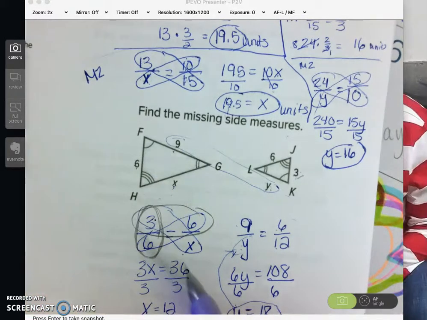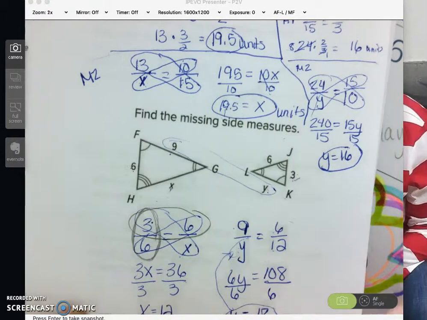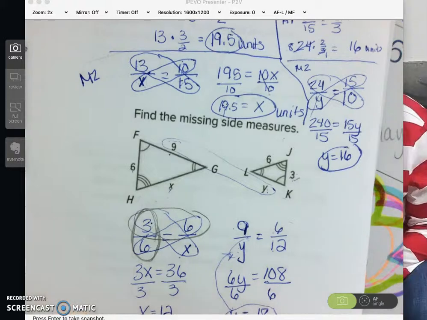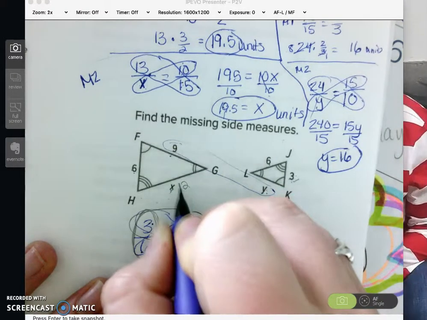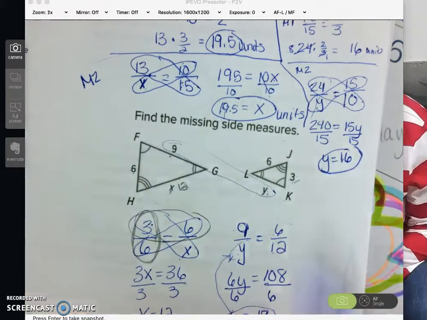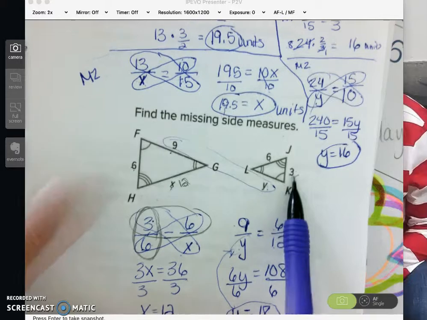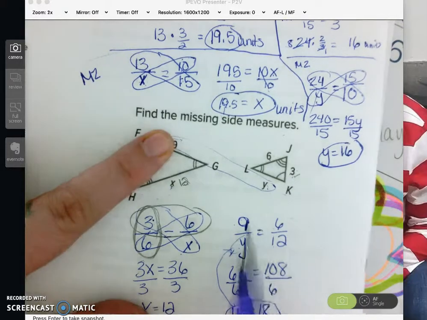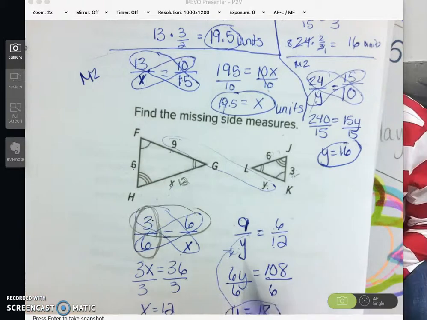So I have to cross multiply. 6 times 6 is 36. 3 times x is 3x. Divide by 3, and x is equal to 12. So this is 12. And then here, I use 9 and y, and 6 and 12, and cross multiply.